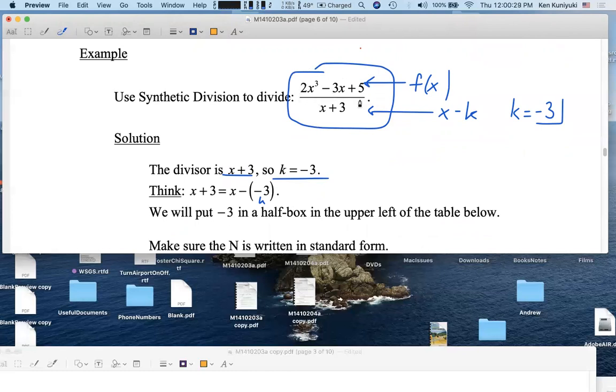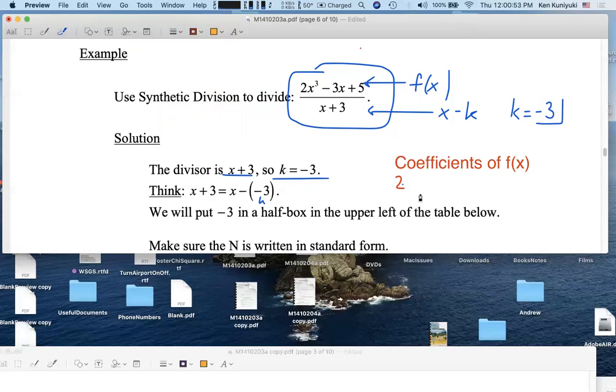of x, this top polynomial here. And what are the coefficients? Let's be careful. What are the coefficients of f of x in the descending powers form? What's the leading coefficient? The leading coefficient is 2.